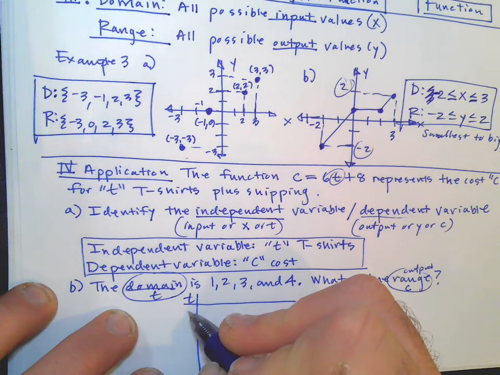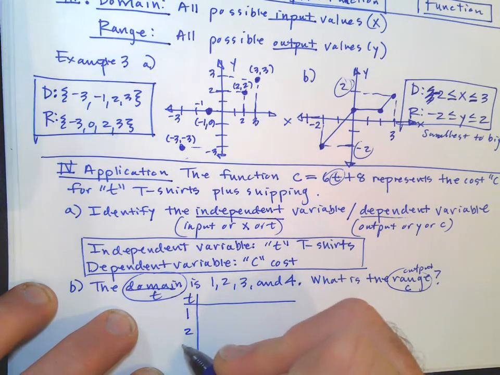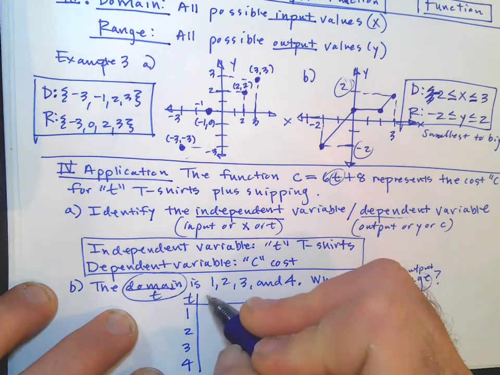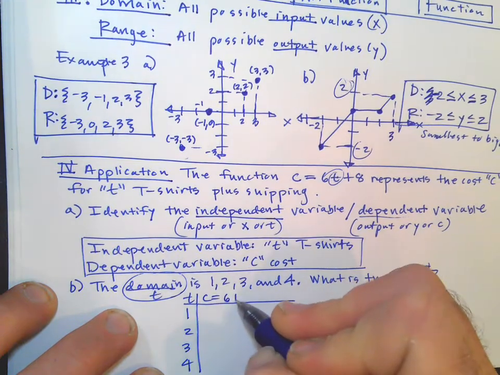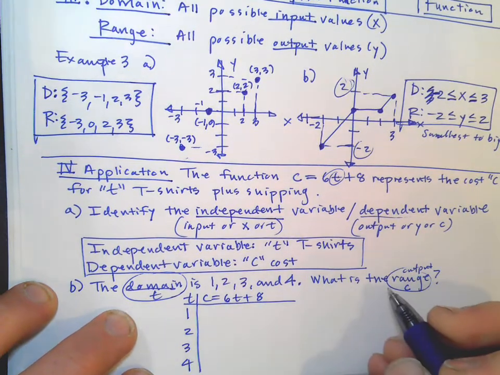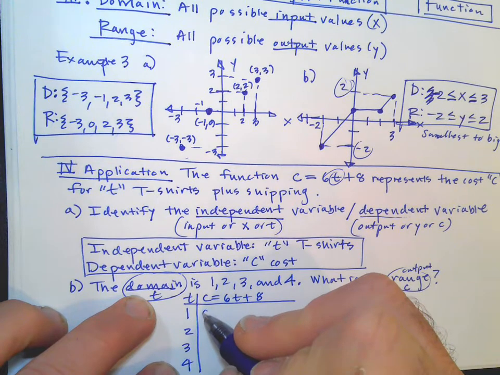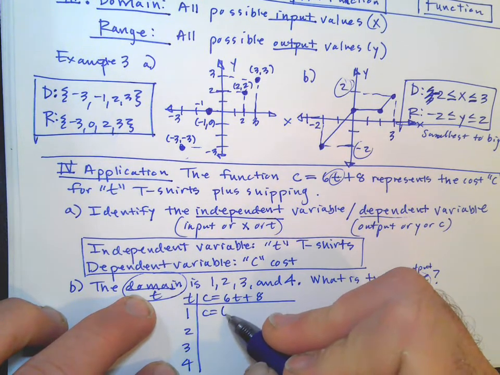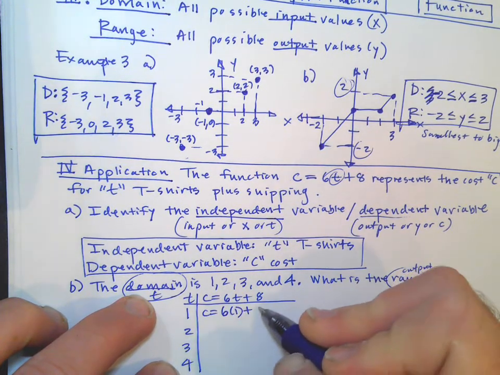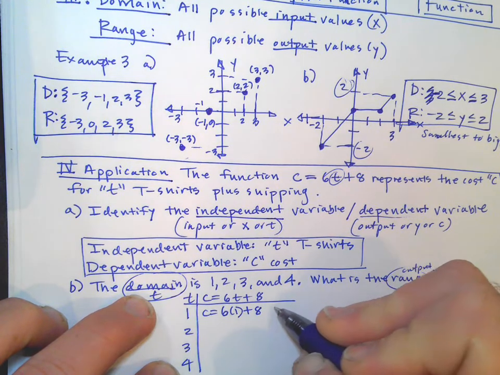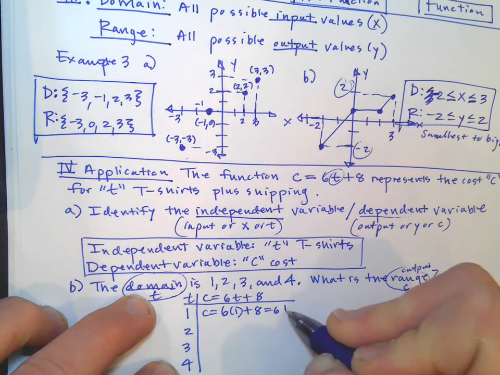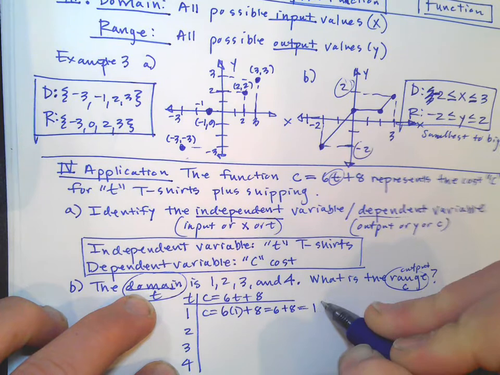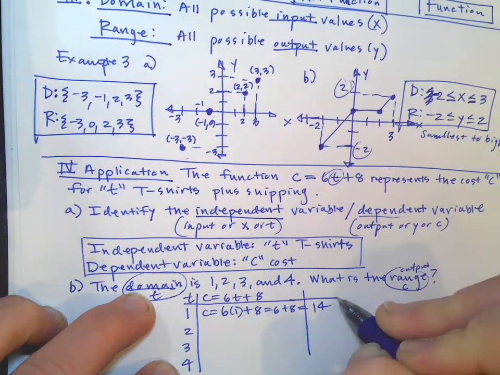So we're going to put t 1, 2, 3, 4. And then we're going to have cost equals 6t plus 8. And we're going to show our work. We're going to say, well, the cost is, when we plug 1 in for t, 6 times 1 is 6, plus 8. Right? Order of operations gives you 14. That's the cost.